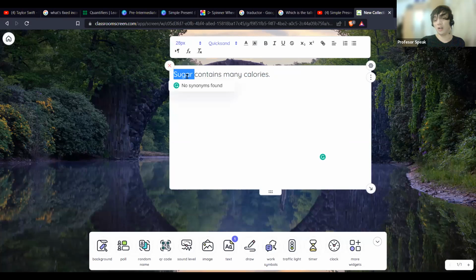Sugar is uncountable. It cannot be pluralized. We cannot add an S here. Sugars, azúcares. It sounds weird, so we don't use it. So that's the reason it is considered uncountable. Whenever we use uncountable things, we all the time use third person verb, adding the S.